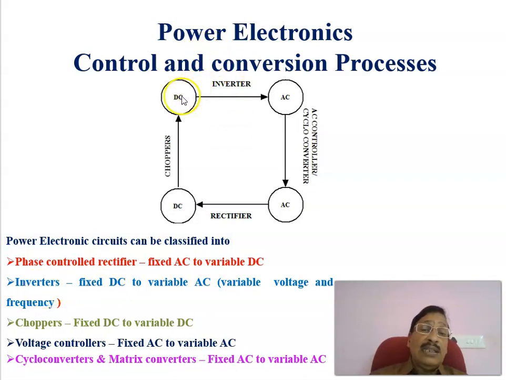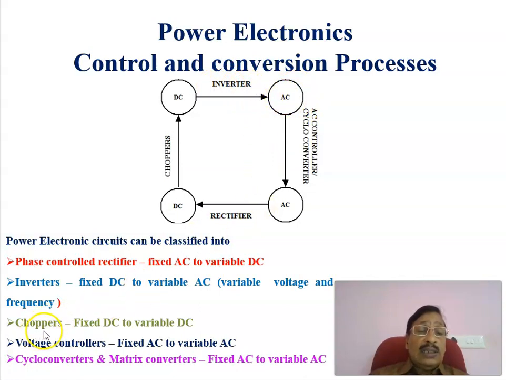You have a fixed DC source, but you are using an AC induction motor, so you need to vary the voltage as well as frequency. Then you can use an inverter, where a fixed DC voltage is converted into a variable AC voltage. That is done by an inverter.